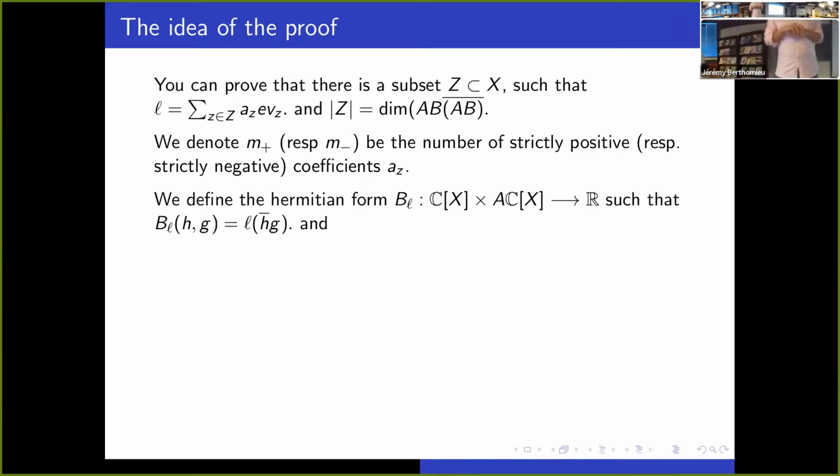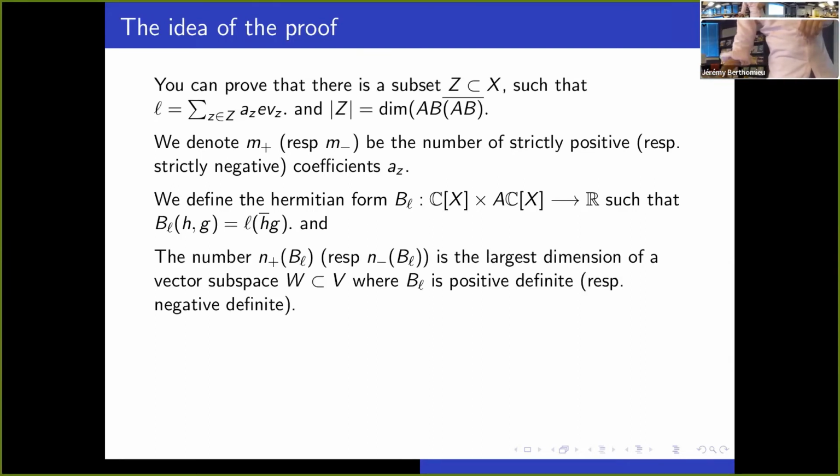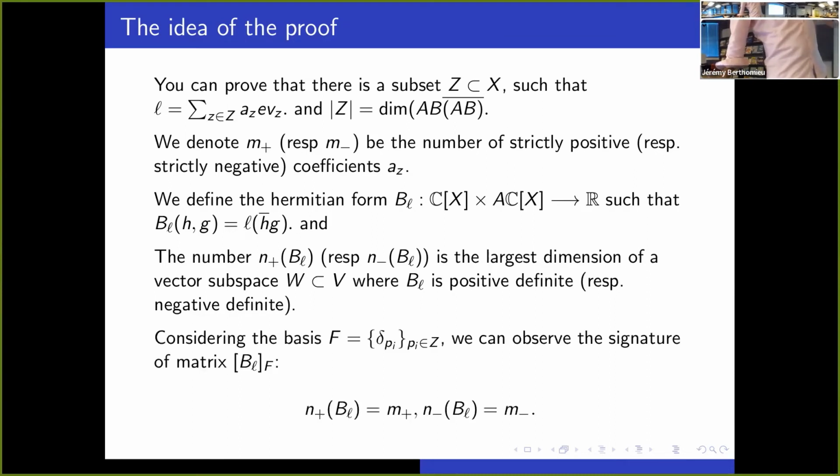And we define this Hermitian form BL, where BL of H, G is equal to L of H conjugate times G. This is just a remark: the signature of this Hermitian form is the largest dimension of a vector subspace W of B where BL is positive definite, and it's the same for negative definite.